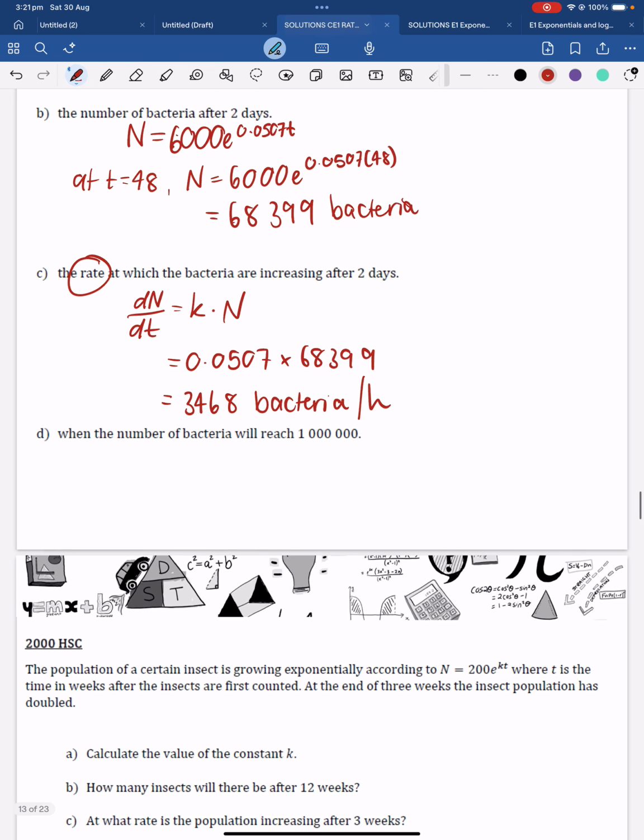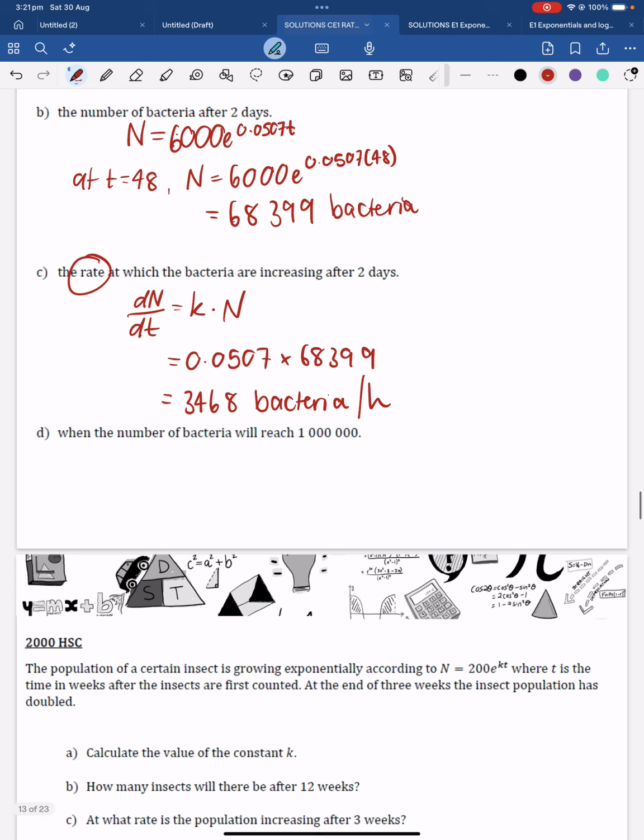Okay, when the number of bacteria will reach 1 million. So now we want to know, okay, when. So that's solving for t, solving for 1 million. Going to log both sides.